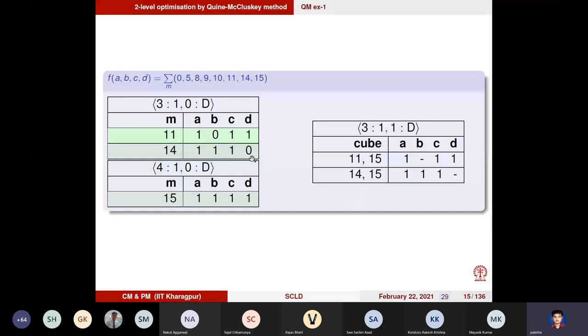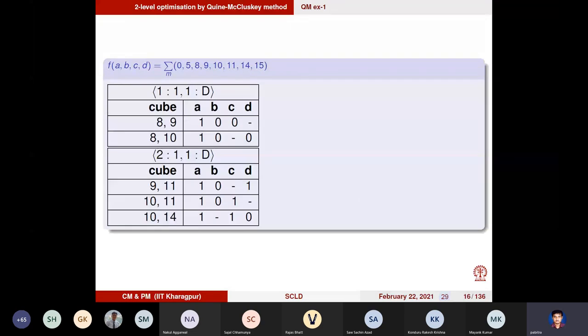Now let us look at the next group, where similarly I index them, I divide them according to the number of ones they have. So this is 1 1 and 1 dash, 1 1 and 1 dash. This is 2 1 and 1 dash.